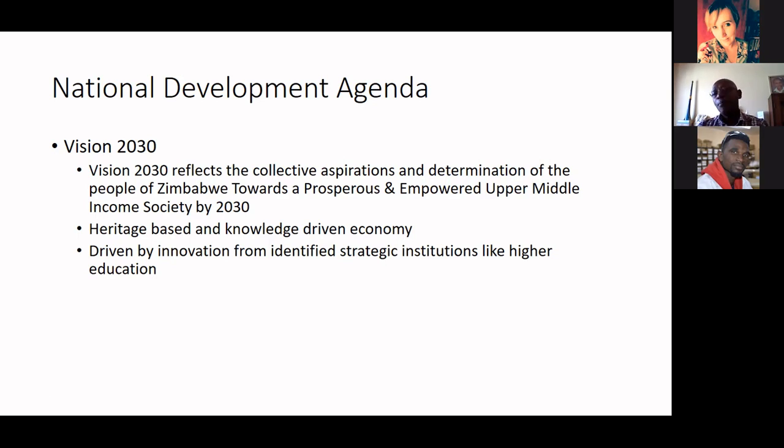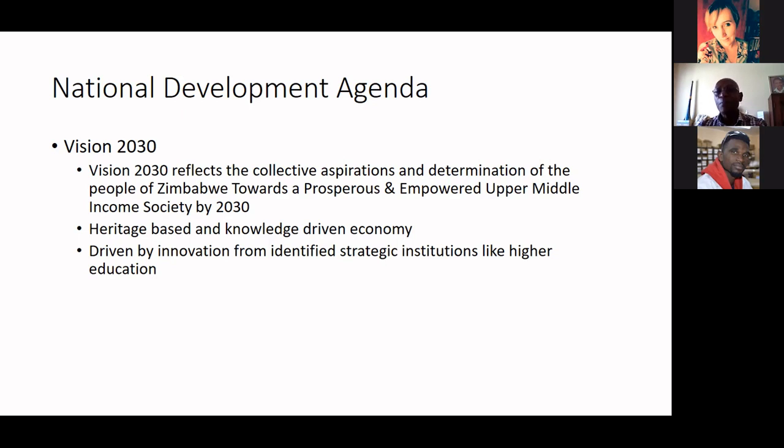To stimulate development in Zimbabwe, the main blueprint is Vision 2030, which reflects the collective aspirations and determination of the people of Zimbabwe towards a prosperous and empowered upper middle income society by 2030. So you can see that this is very futuristic, but what is interesting is that what underpins that national policy is that it is driven by heritage.